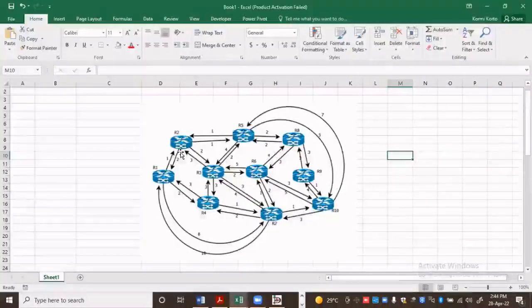But in terms of the back and forth cost matrix, they would have associated values. So in a real deployment, router 1 would say that if I were to move packets from myself to router 2, I want to associate it with a cost of 1.